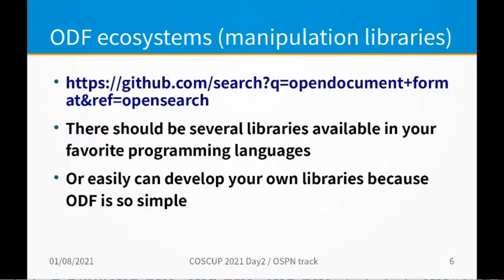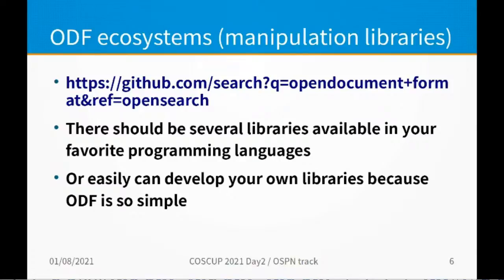And ODF has a rich ecosystem. Manipulation libraries: you can find a lot of Open Document Format libraries via GitHub. And there should be several libraries available in your favorite programming language. For example, C, C++, PHP, Perl, Ruby, Python, and Go, something else.